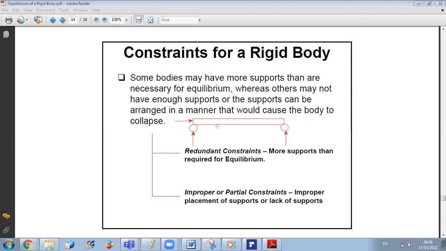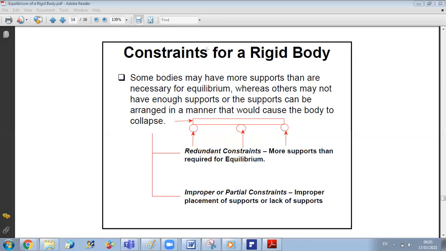Now, even if I add a third roller, will it do anything? No, still no. Here, it's true that I have three unknowns, but I don't have the possibility of equilibrium. This is called improper. I arranged my supports in a bad way.